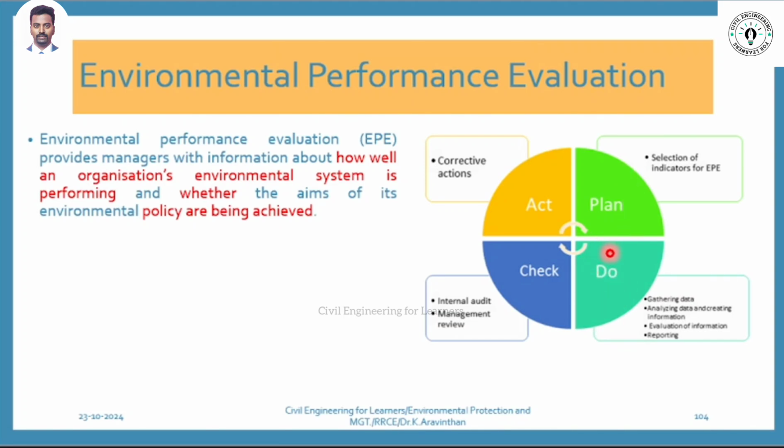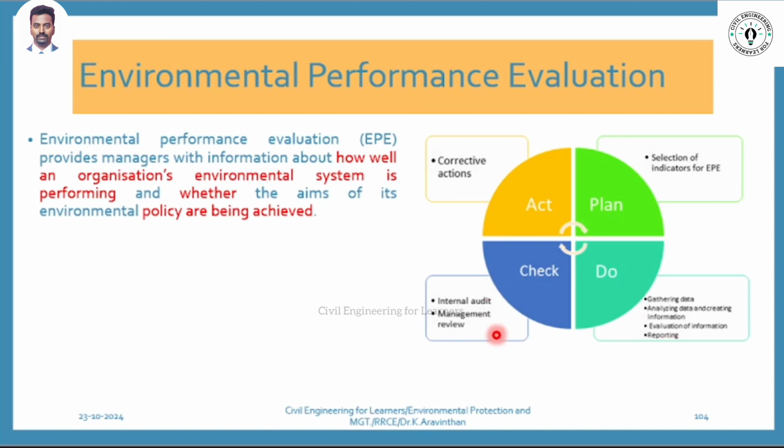Do. What we mean by do is the further criteria. Gathering data: when doing the manufacture, they gather the data. Analyzing the data created, the data received, evaluation and reporting. This is the process. The analyzing process will be completely covered in do. Now the next thing is check.